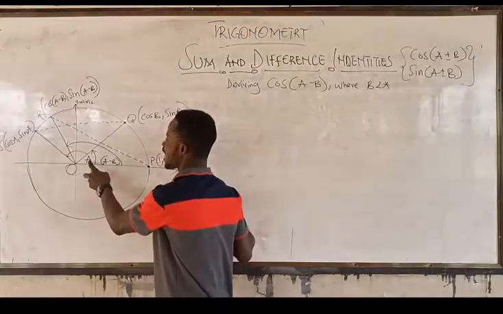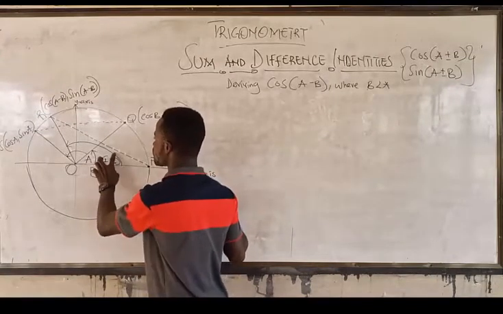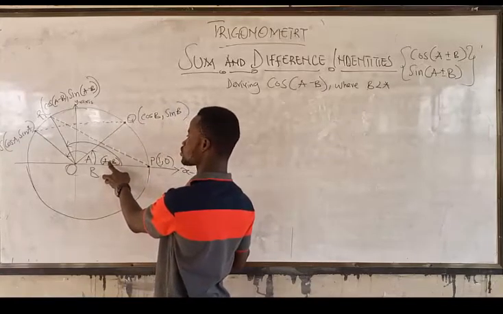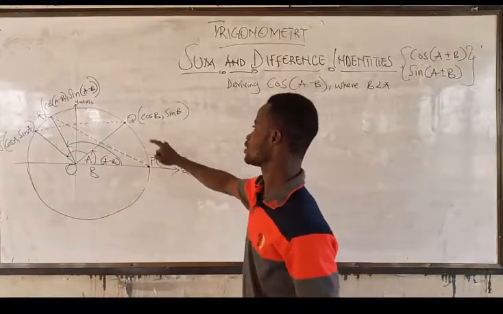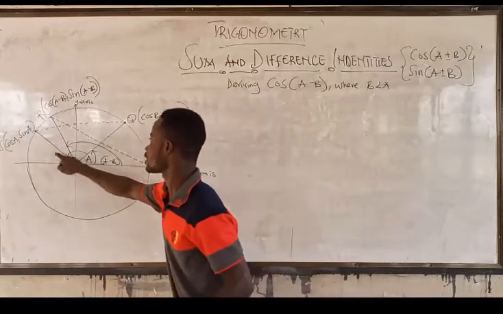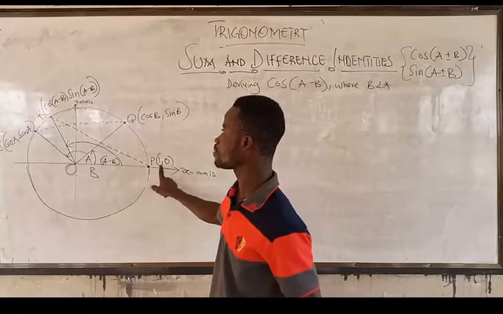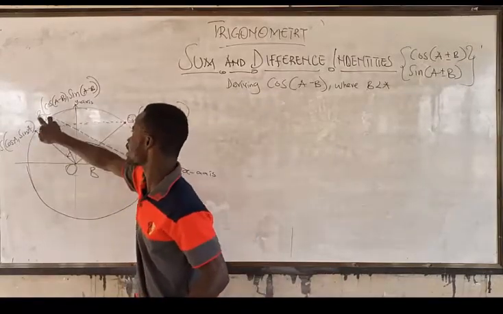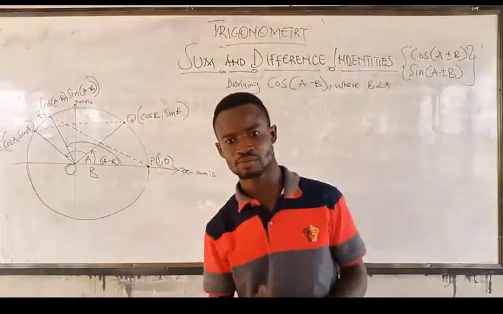The argument from here to here is A, and the argument from here to here is A minus B. And it's going to be the point Q. That's the point Q, that's the point P, and the point S, the point R. Very good.